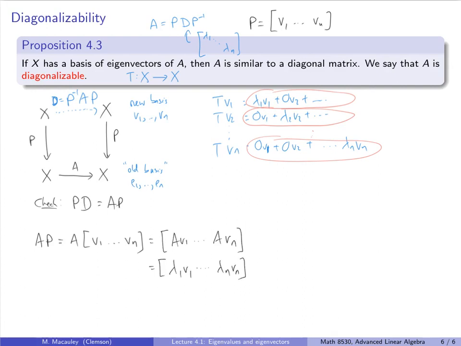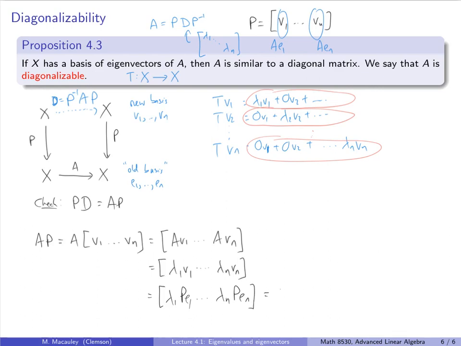And now remember what these eigenvectors are. So these vectors are the columns of P. And the columns of a matrix is just the image of the standard unit basis vector. So this one is A times E1, and this is A times En. So I can write this as lambda 1 times P E1, lambda n P En.